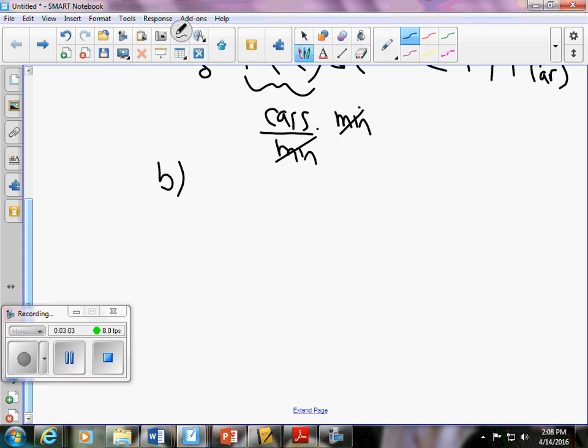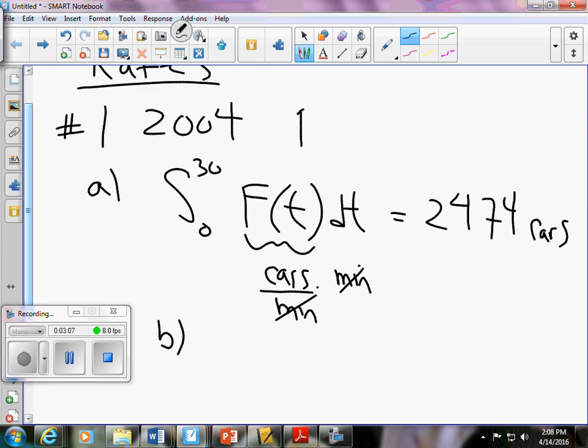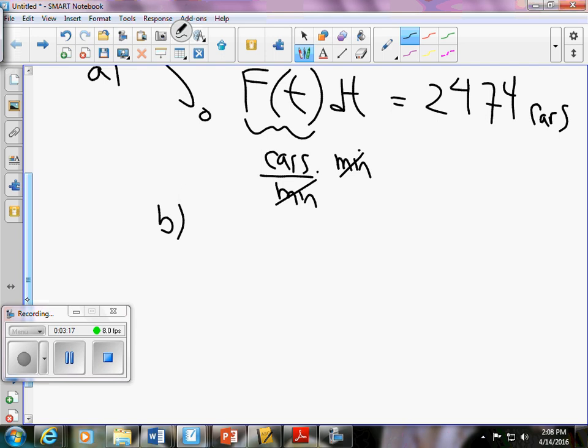No, that's okay. So the function that we're given is f of t, and that is the traffic flow. All right, so if you want to know if any function's increasing or decreasing, we have to see if its derivative is positive or negative. So let's talk about how you would do this in your calculator. Let's say that you had this traffic flow function stored in y1.